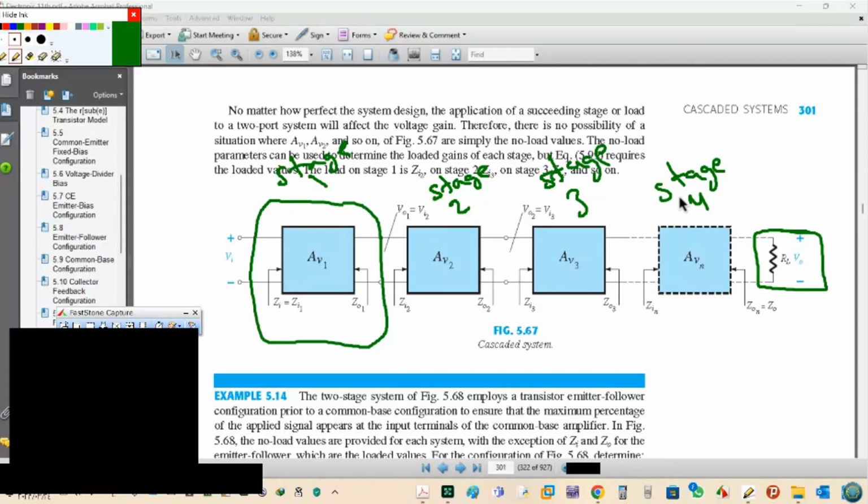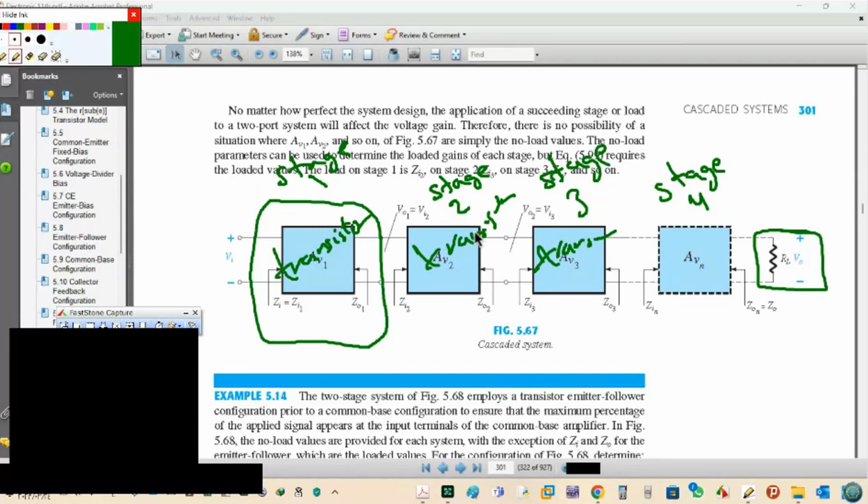So here we're going to calculate the total amplification and how we can deal with this case if we have multi-stage. In our study, stage here means transistor. So multi-stage means we have multiple transistors.